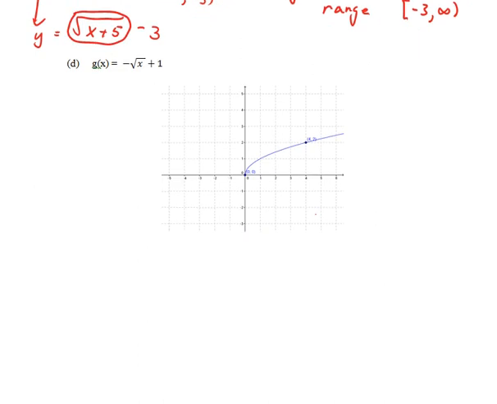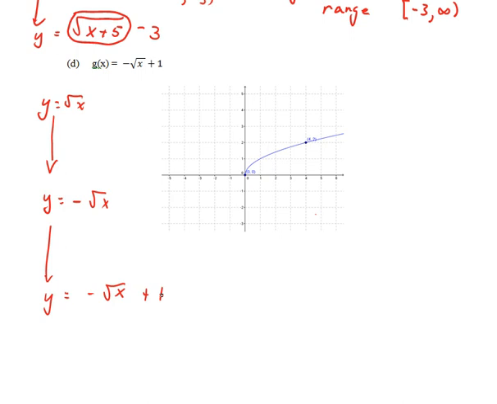In the fourth example, starting with y equals the square root of x, again, 2 steps. First of all, we'll go to y equals the opposite of the square root of x, and then y equals the opposite of the square root of x plus 1.